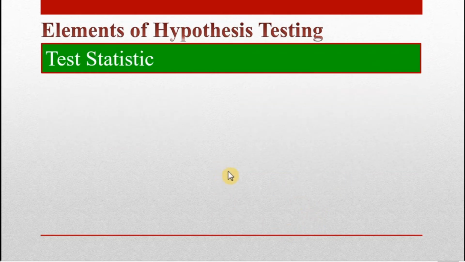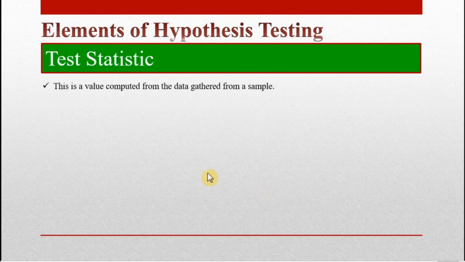Another element of a hypothesis test is called a test statistic, and this is simply a value computed from the data gathered from a sample. Remember, we are doing a hypothesis test because we want to talk about the population, but we only have data gathered from a sample. The information that we compute from that sample is called a test statistic.